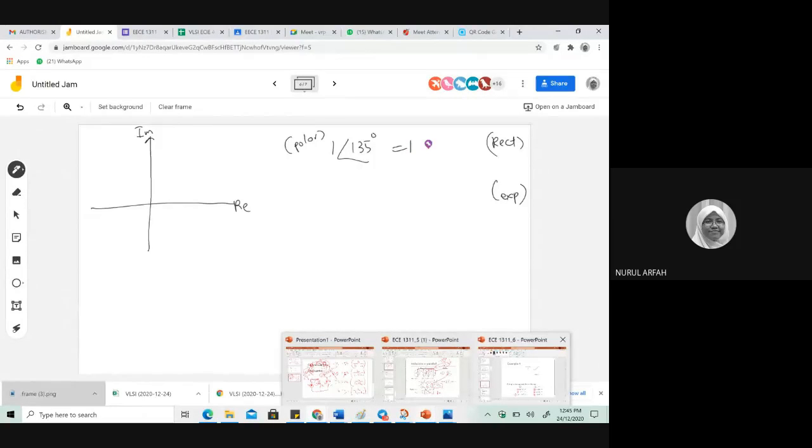Okay, rectangular. Yeah, very good. Someone drew a straight line, very good. Polar is already there. This is polar. So how do we draw the rectangular form?